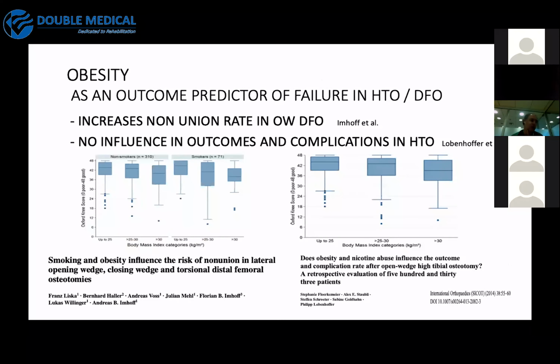Obesity, there are controversial indicators. Andreas Imhoff showed that it increases the non-union rate in open wedge distal femoral osteotomies, but Lobenhoffer, Staubli, and other researchers didn't find any influence on the outcomes and complications if the BMI is below 30.